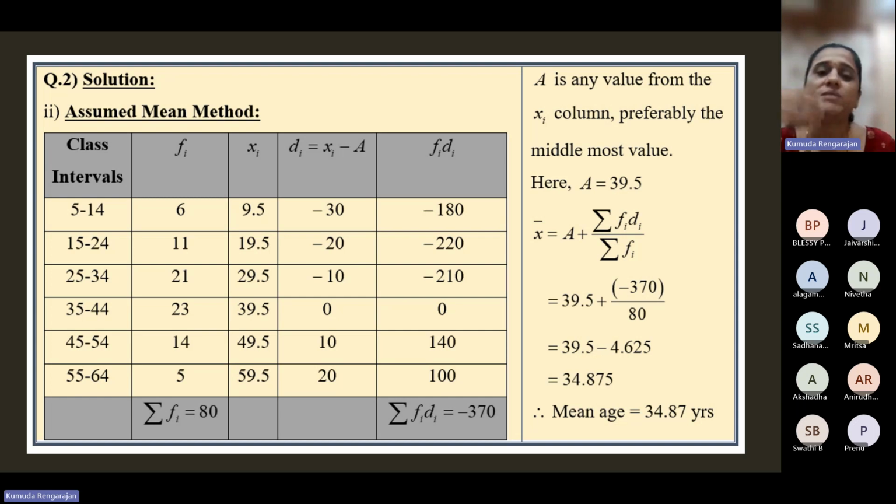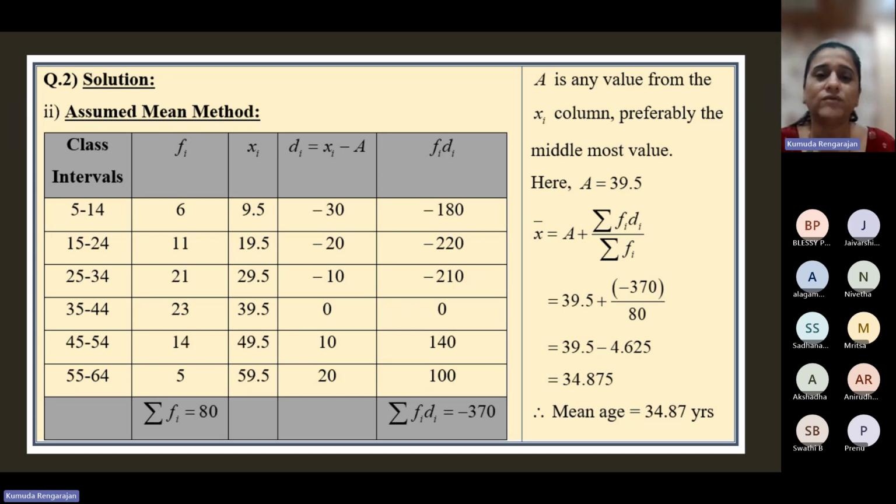Then, if you're using the assumed mean method, next you have to generate the di column, because the fi column is given in the question. To generate the values in the di column, you should first find a, from the xi column, preferably the middlemost value. Then find di using xi minus a, every xi value minus that assumed mean.